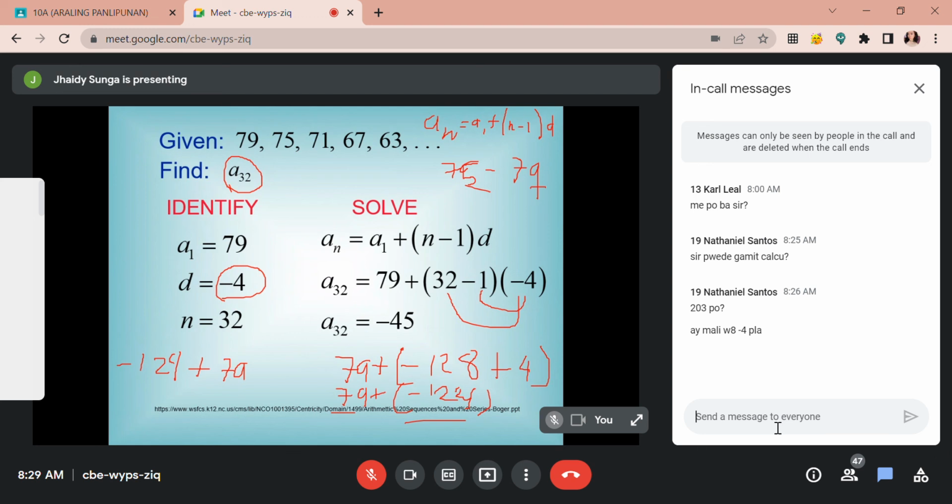The difference between 3 minus 2 is different from 2 minus 3, right? But when you add two numbers, it is fine. So if we add this one, we could find negative 124 plus 79.